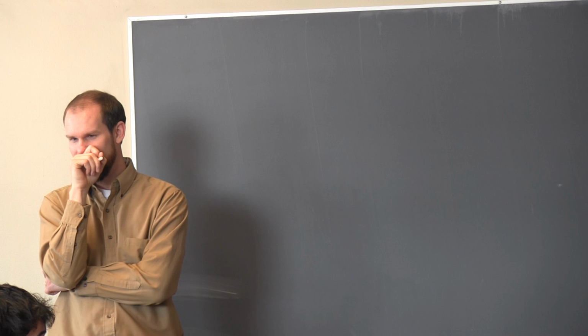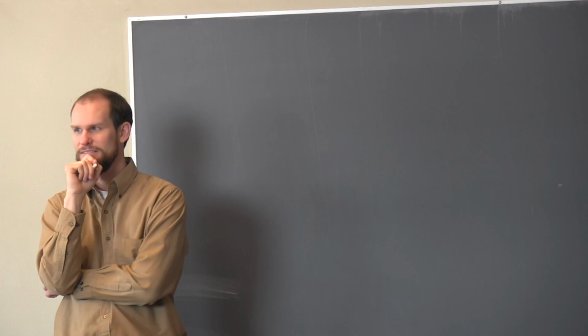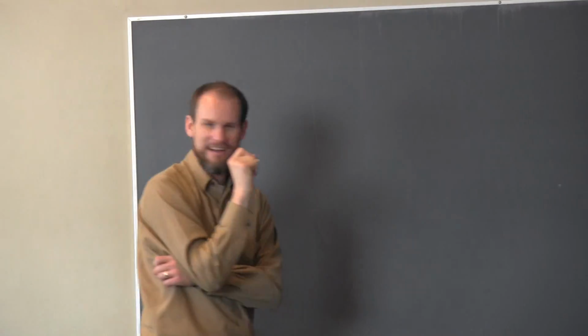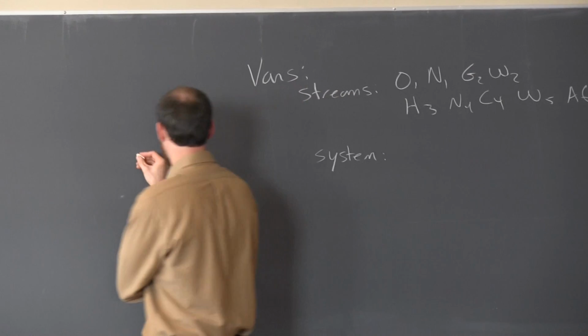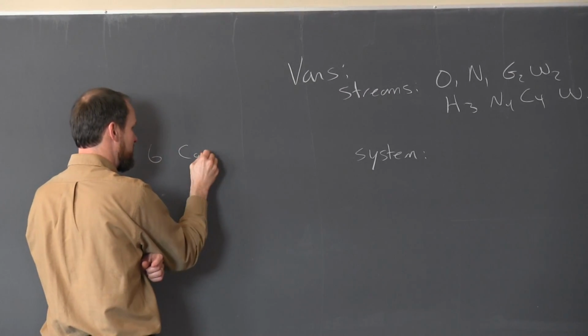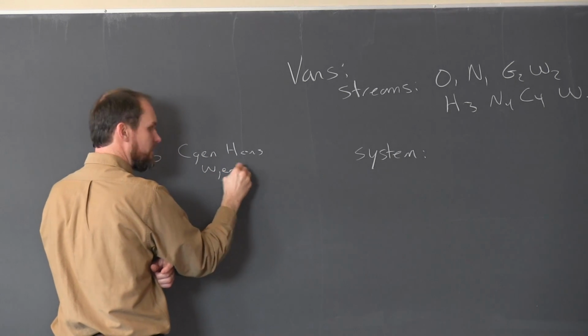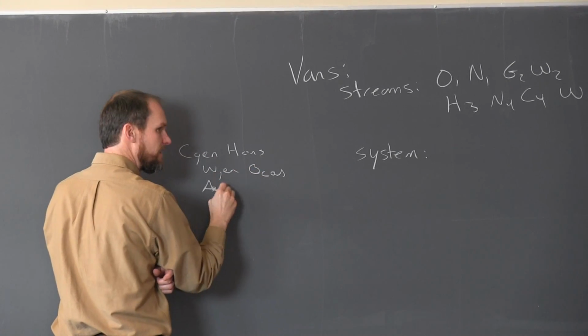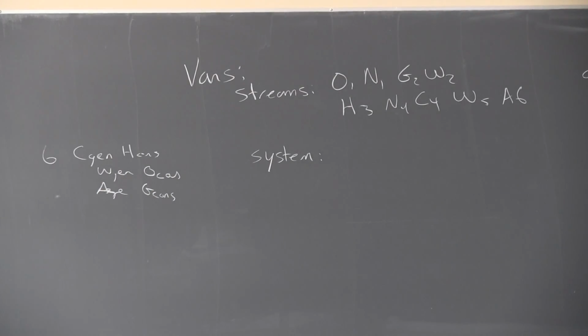This is a trick question. Sorry. How many think 6? Brendan, Alex, I have sympathy for you because there's 6 variables there: C gen, H consumed, W gen, O consumed, A gen, G consumed. As a mathematician, I look at this and go, hey, there's 6 variables there. So let's just remember that.